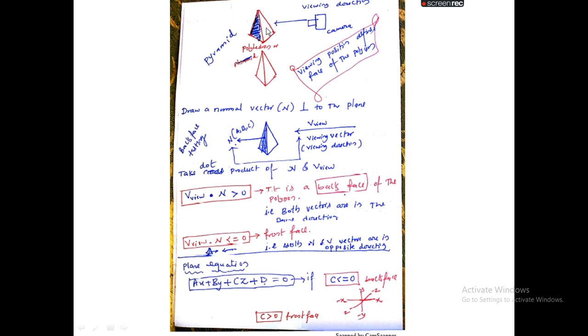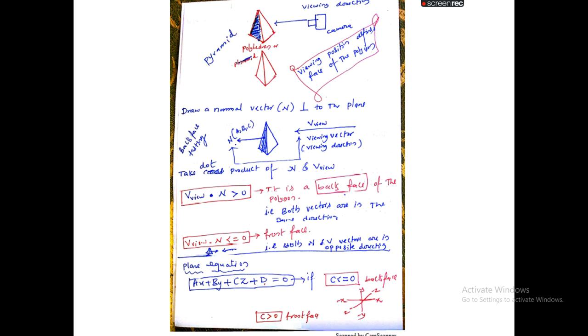So I will start directly. I selected this particular pixel position and I will start drawing one normal vector. If I draw the normal vector like this, the direction of the normal vector with respect to this triangle or surface is left to right. Our viewing direction is right to left, but our normal vector direction is left to right.